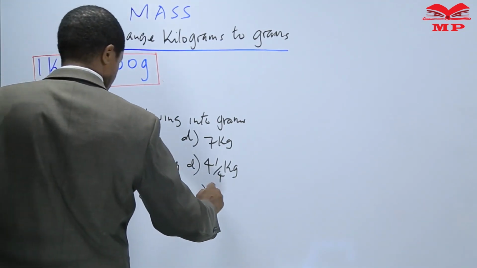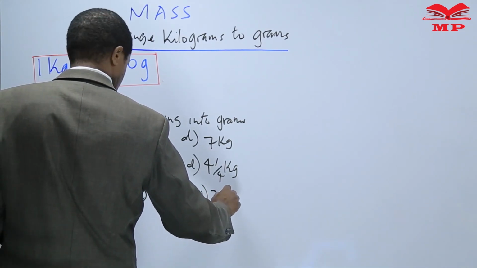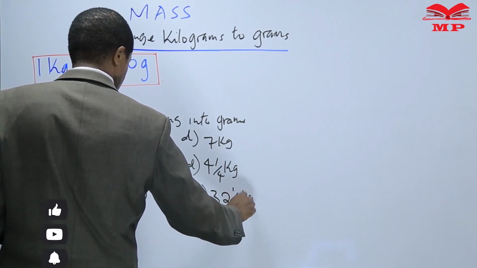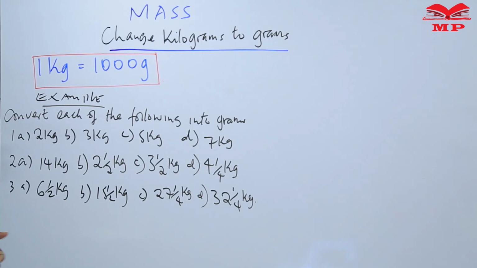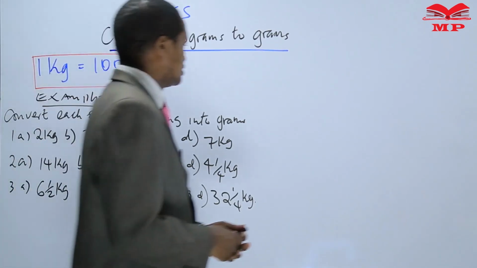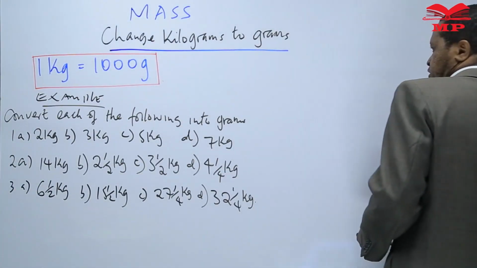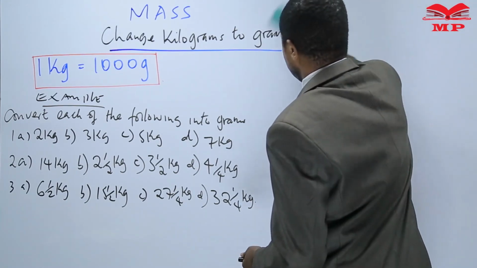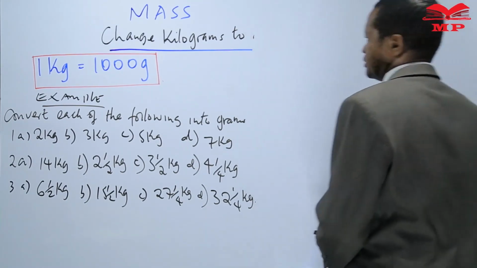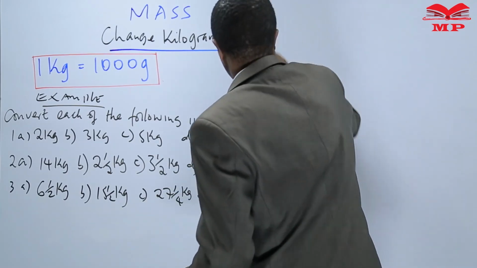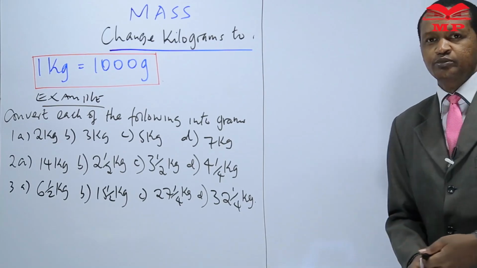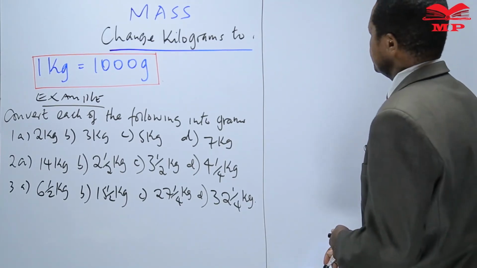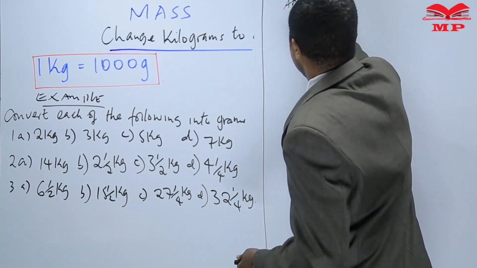D, 32.25 kilograms. So let us work out this together. These are examples. I want us to practice on how to convert kilograms to grams. Answer.